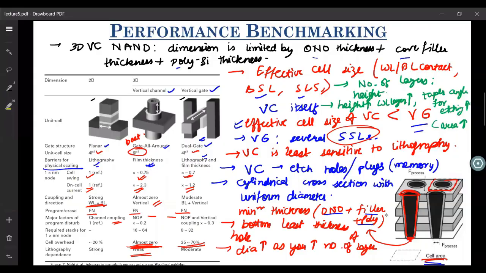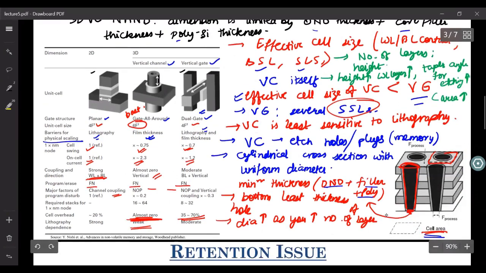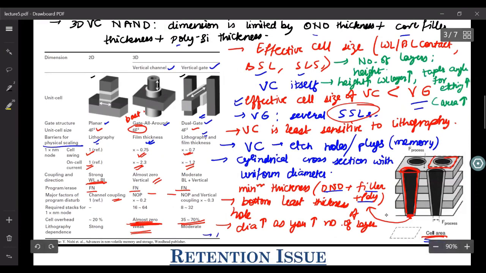In the vertical channel configuration, as you add more layers, let me write that as well. As WL increases, as you add more layers, you're putting more cells in series with the desired cell. Even though you are applying a VPass to all those unselected cells, they still contribute some amount of series resistance.